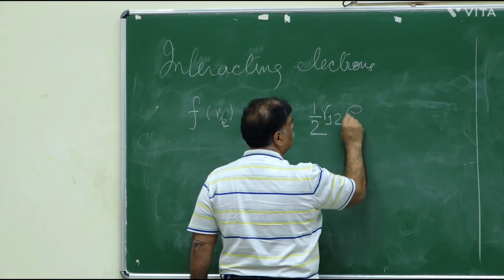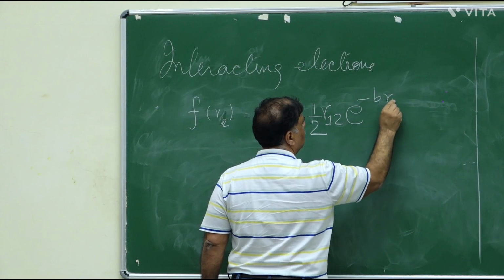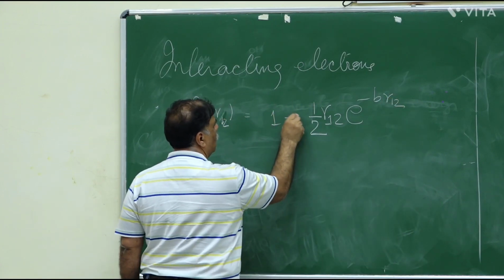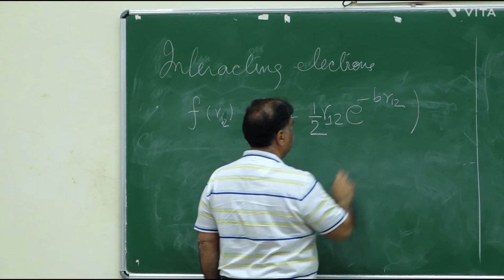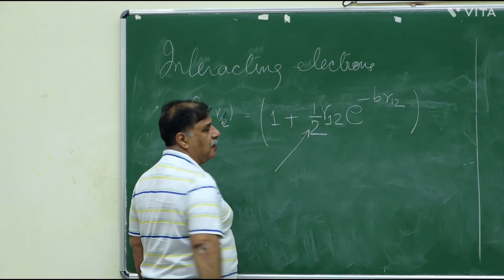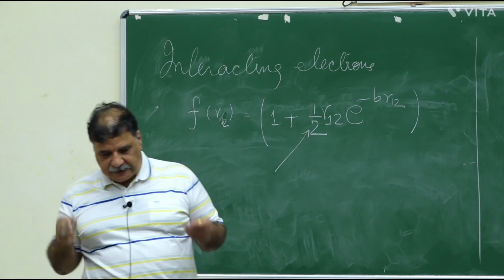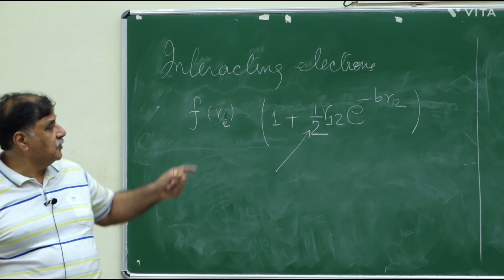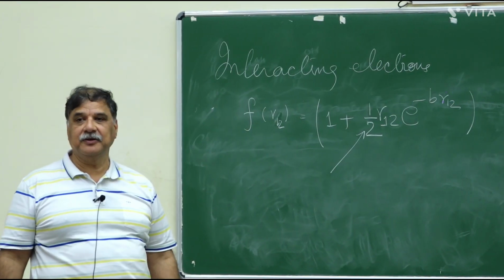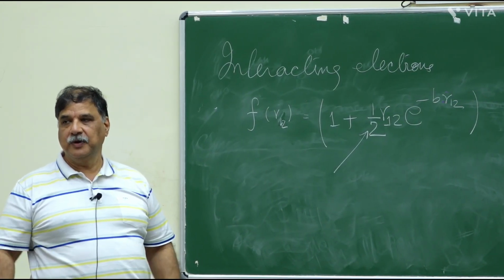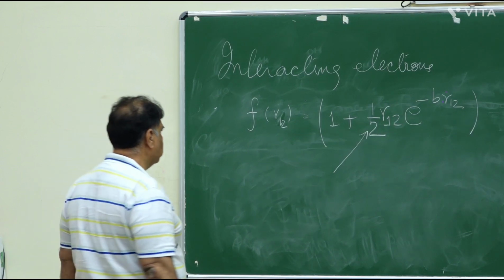And then something here, which we can write as B R12, 1 plus. What is important is this factor, half. If you take this kind of factor, it avoids the singularity, cancels the singularity in the wave function, in the Hamiltonian. Then whatever you have, it is a regular function.